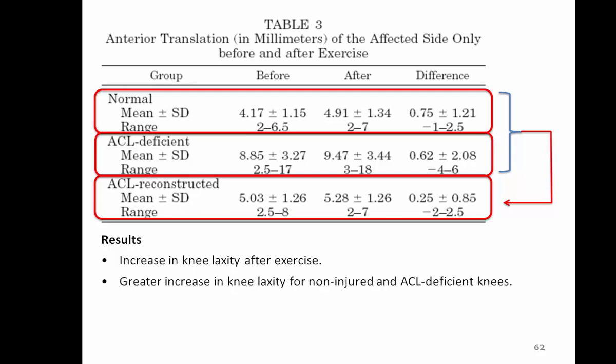And the second major outcome of the study was the greater increase in knee laxity for the healthy or non-injured knees, referred to in the table as the normal group, and the ACL deficient knees as compared to the ACL reconstructed knee. So the ACL reconstructed knee using some type of graft exhibited a relatively stiffer profile.